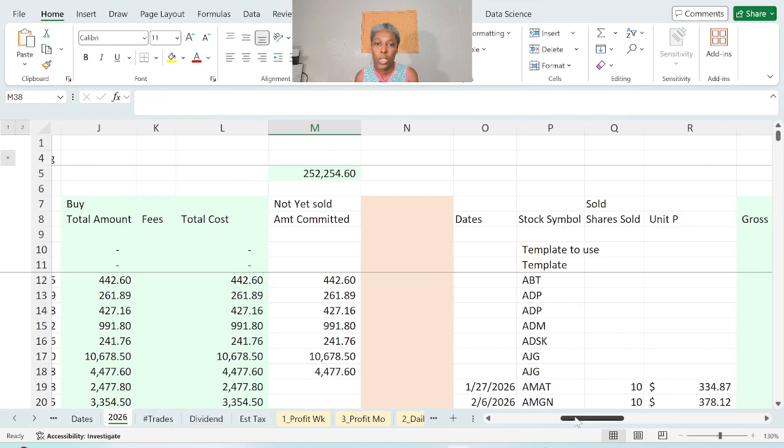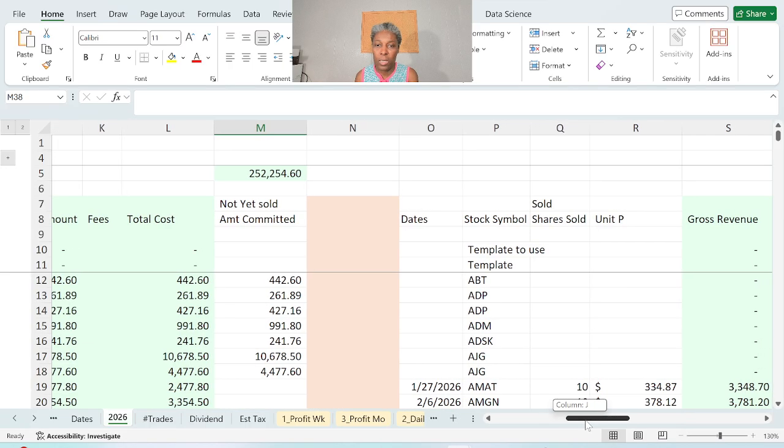and if you want to have an idea of how much you've committed already, I have a section where that can go, that way you know that you made those purchases already.